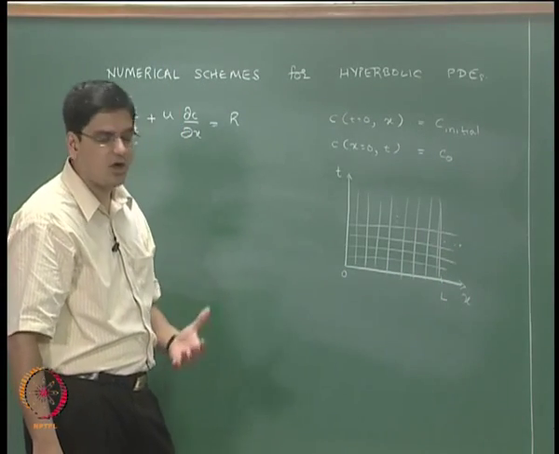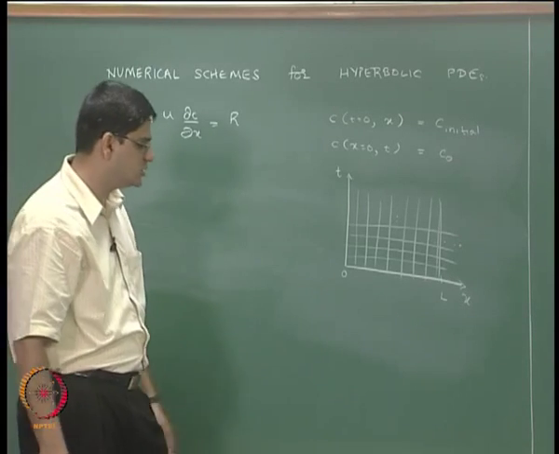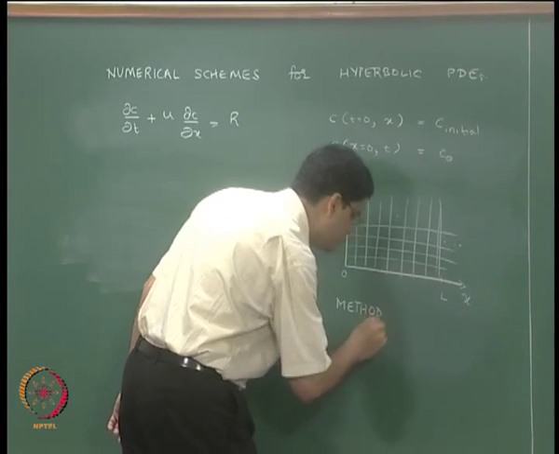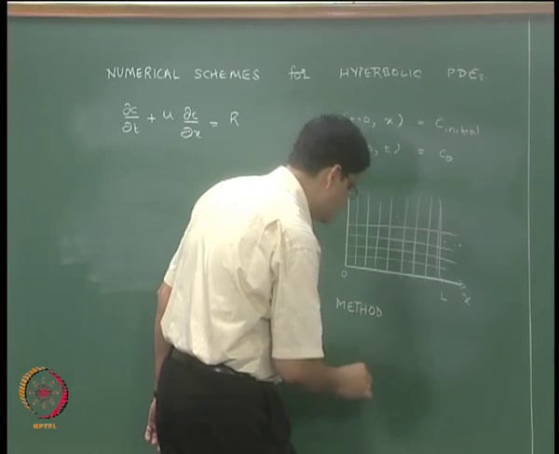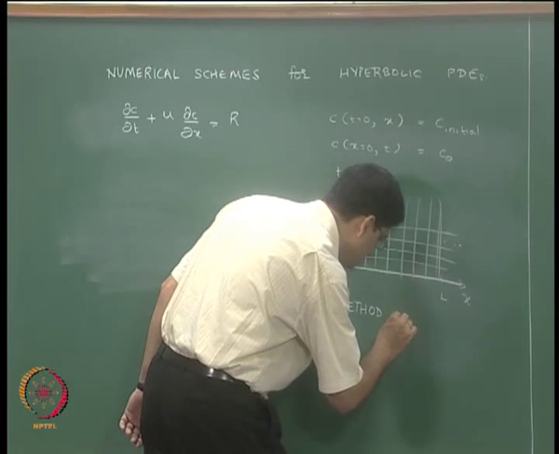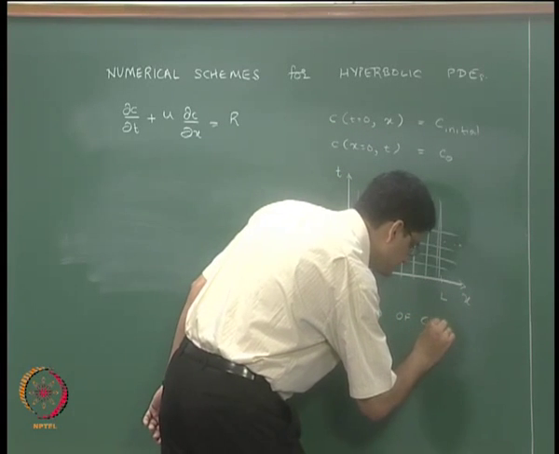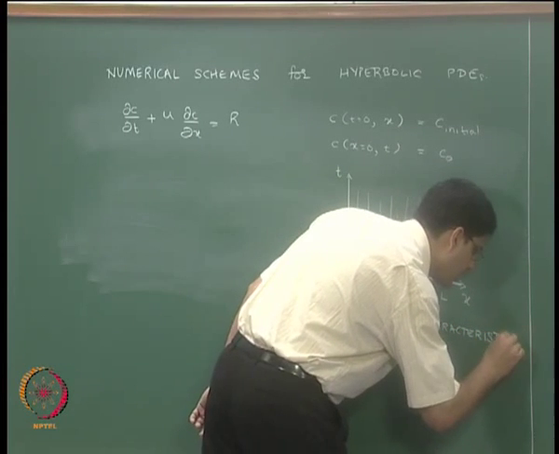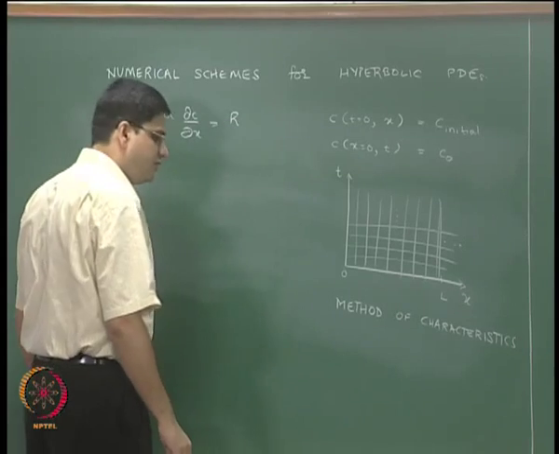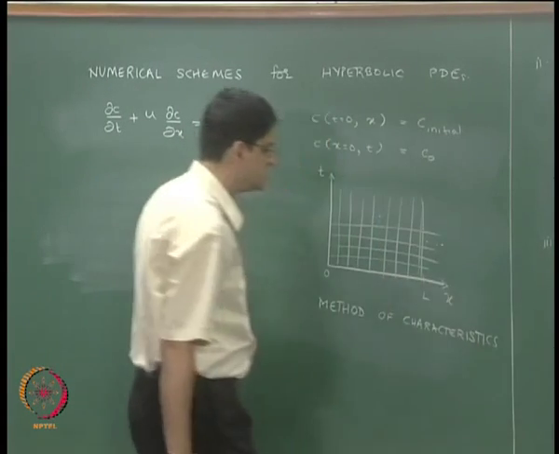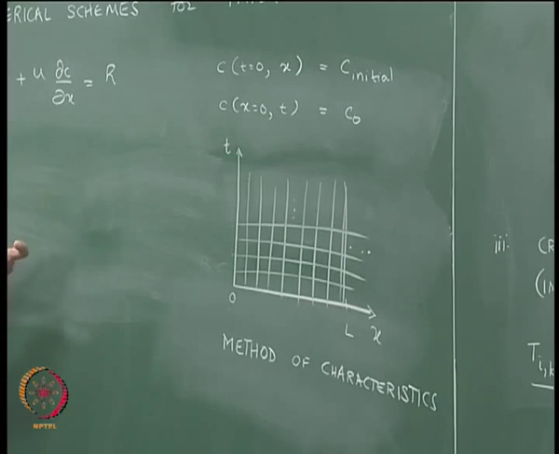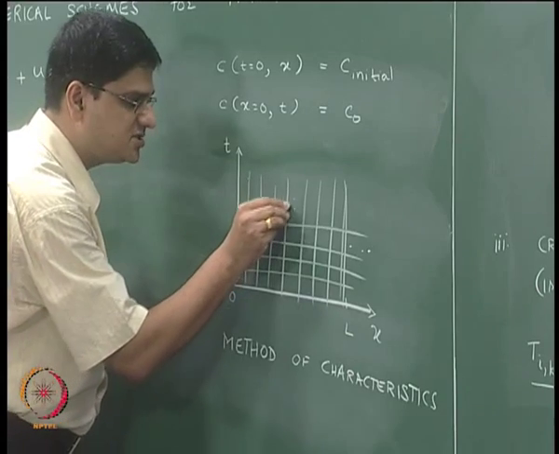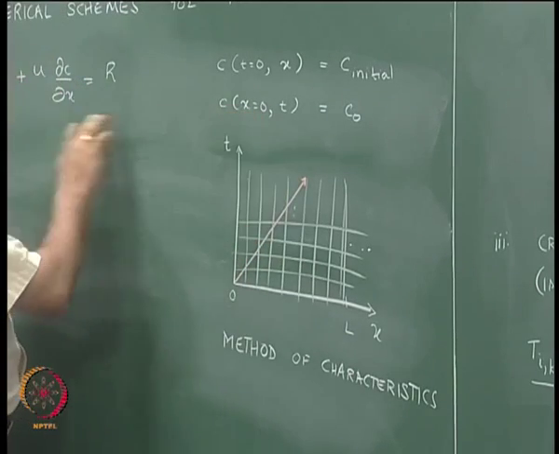And indeed, if you recall the method of characteristics that you had used, and I hope this was covered in probably a first semester math course. Okay, if we were to solve this system using the method of characteristics, we will get characteristic curves which are basically straight lines with slope equal to the velocity u.